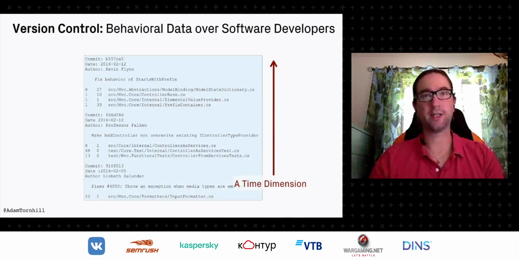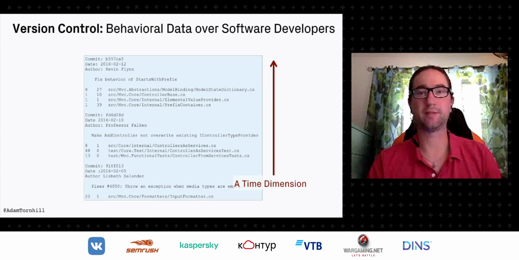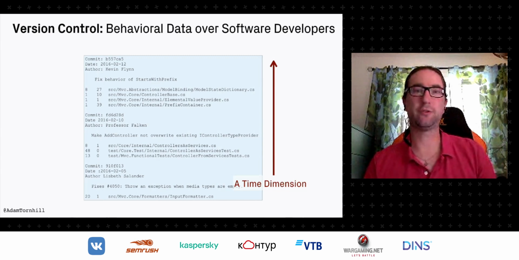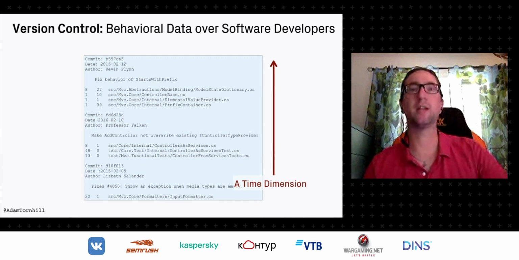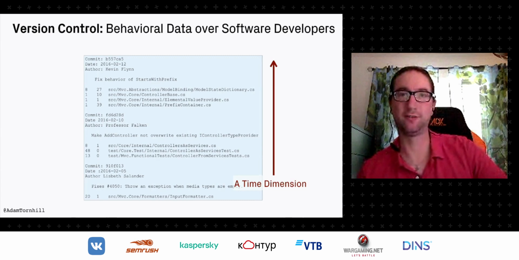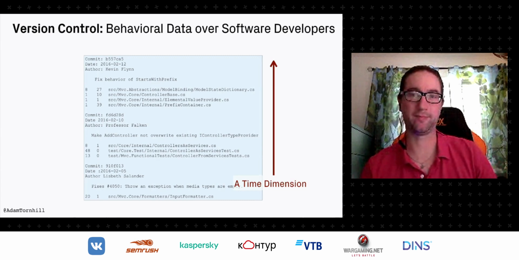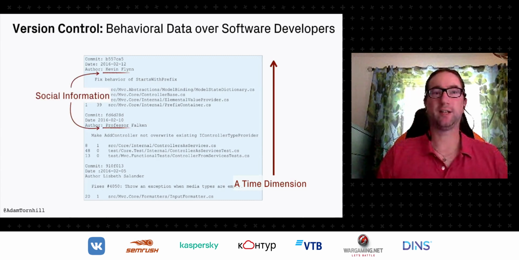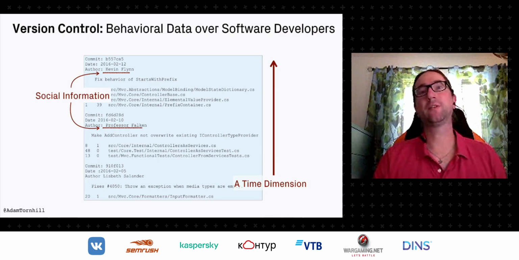Our version control data is a virtual goldmine. So if you look at the version control system, your version control system will know exactly which developers worked in which parts of the code and when they did it. So that's our geographical locations. What's even more fascinating with version control data is that it's also social.